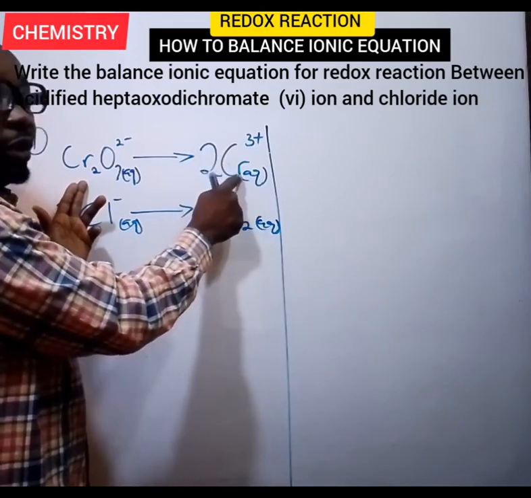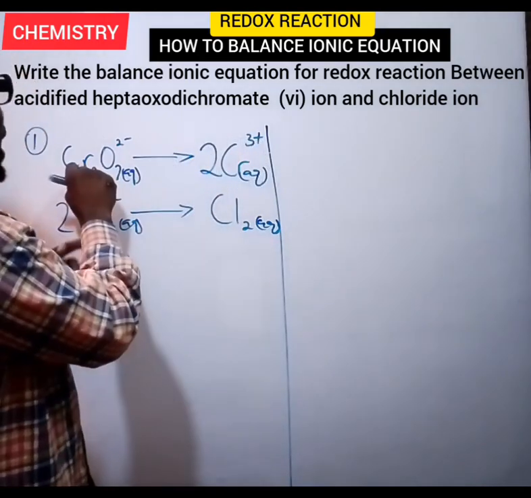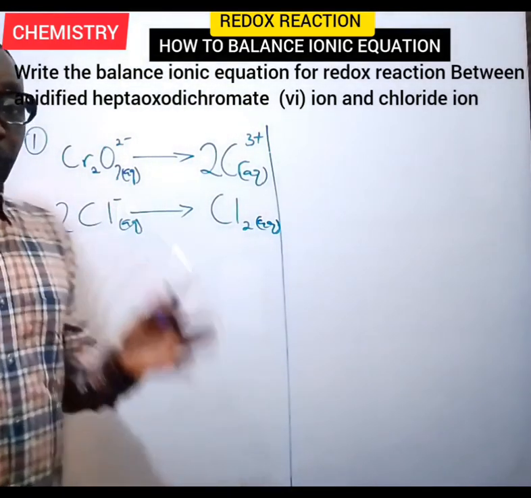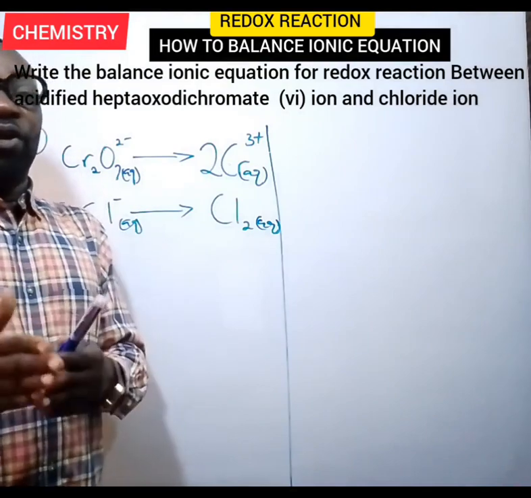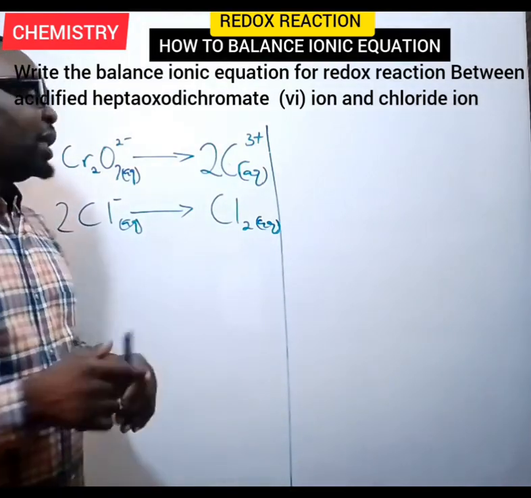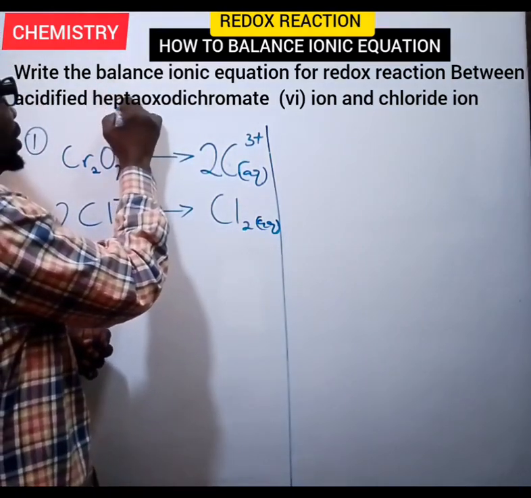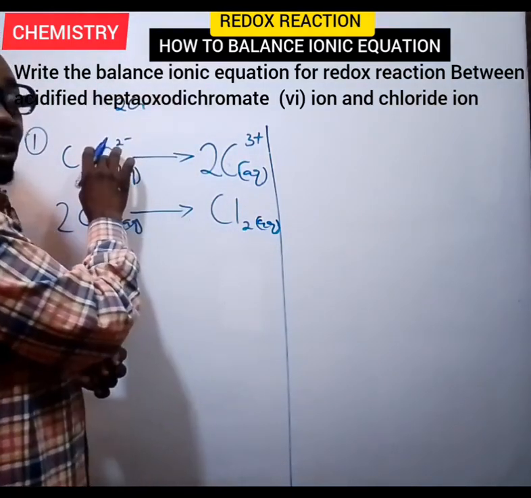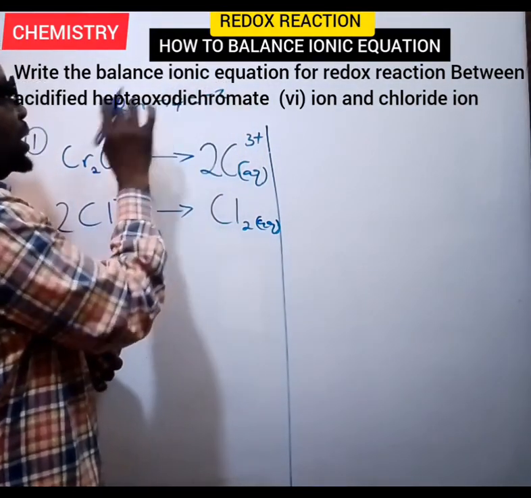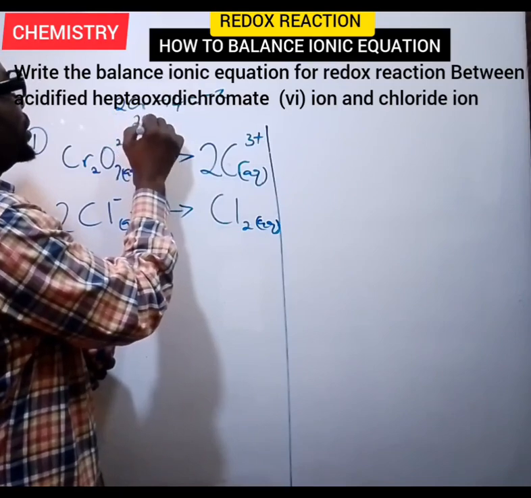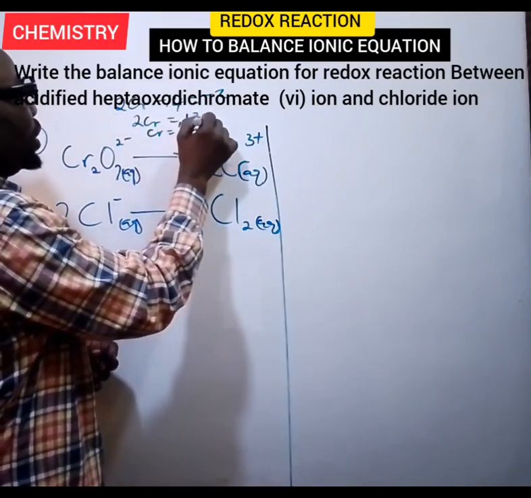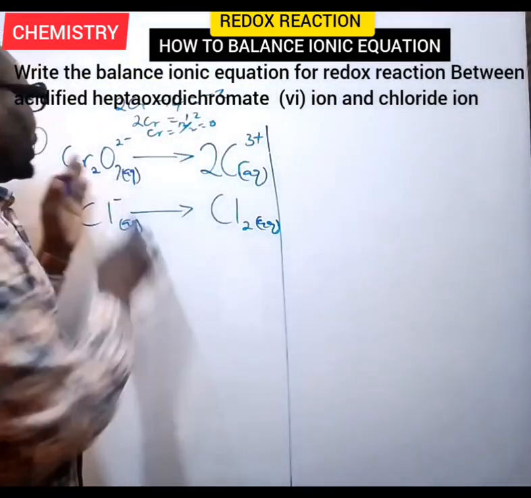The oxidation number of chromium here is 3, while the oxidation number of chromium here is 6. How do I get 6? From the name, heptaoxodichromate(VI) ion, the oxidation number of chromium is what we put in that bracket. You can also calculate it this way: 2Cr plus 7 times minus 2, that's minus 14, is equal to minus 2, the charge on it. We have 2Cr equal to 12, so Cr is equal to 12 over 2, which is 6. That's how we get the oxidation number of chromium here.